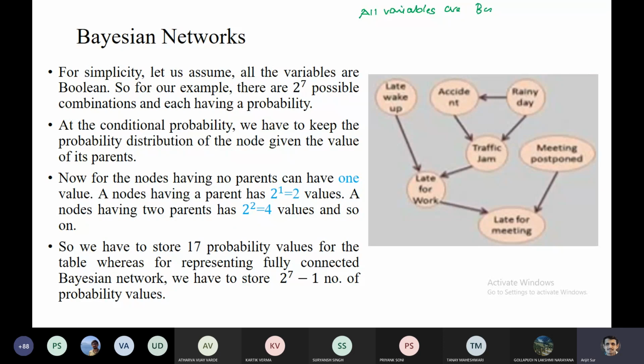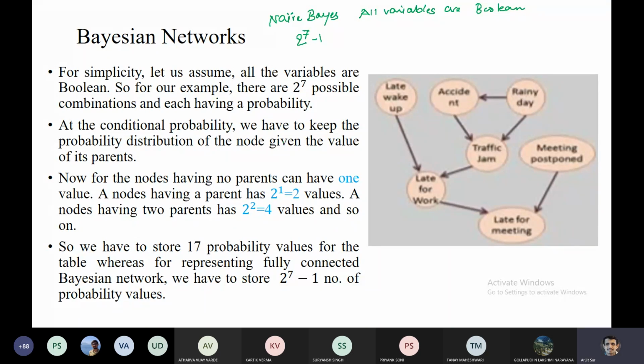Now you see how the probability distribution is basically going to be taken. If this is a Boolean variable, and if it is a naive Bayes, how many possible combinations are there? 2 to the power 7, actually 2 to the 7 minus 1. That many combinations are there.